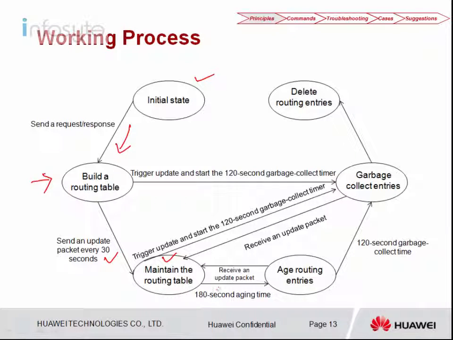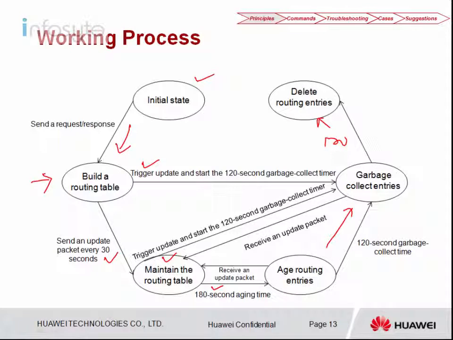Now, assuming that a routing entry has not been updated for more than 180 seconds, it will go into the garbage collect entry, and after another 120 seconds, it will go into the delete entry. Assuming that you have an entry that is attached to you and it goes down, it will go into the triggered update. Once the triggered update happens, it will go into garbage collection, and 120 seconds later it will be deleted straight away.